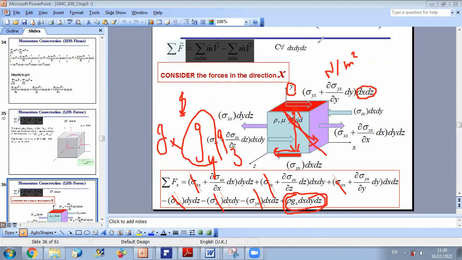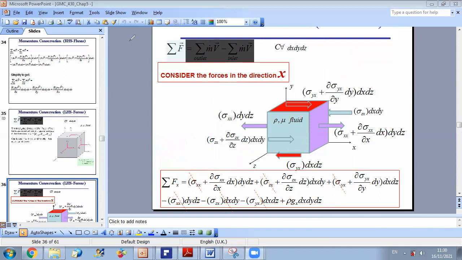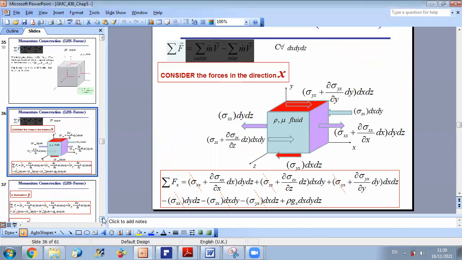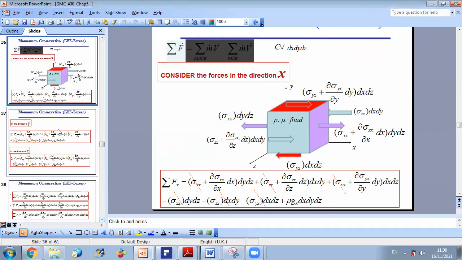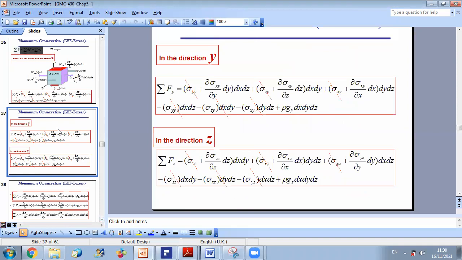Okay, so now we have calculated all terms of our relations. All we have to do now is to replace back into the equations. Okay, now before replacing, as we did exactly for x, we'll do for y direction to get sum of fy, and for z direction to get sum of fz.